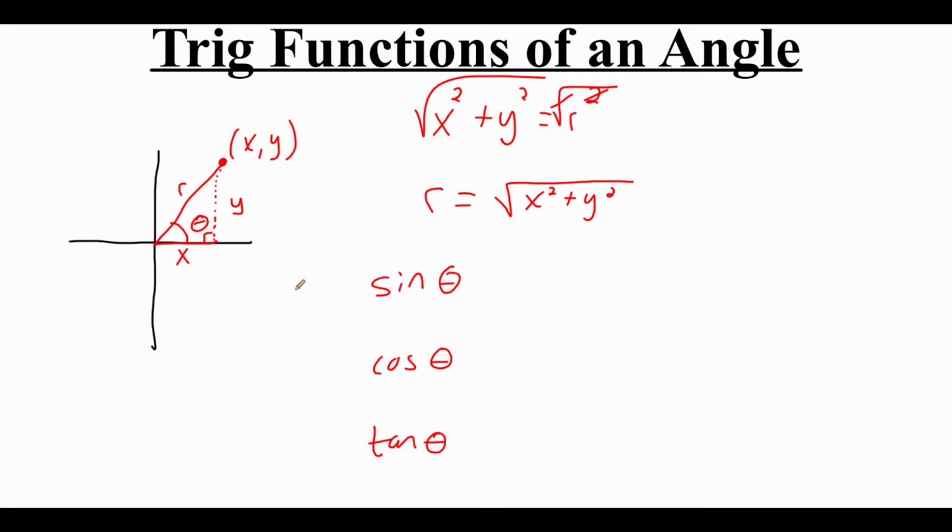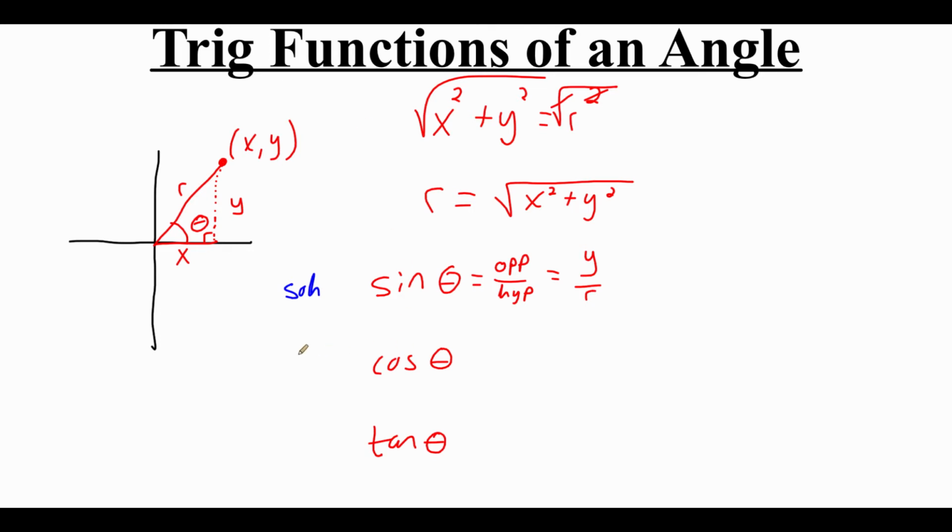Now we've got that SOHCAHTOA acronym that we can use to help us out as far as building these trig ratios. So sine is the SO portion of that, meaning that in order to calculate a sine function, we take the opposite side and divide it by the hypotenuse. So as we're looking at where theta is located in our picture, the opposite side is the y value and the hypotenuse is the r value.